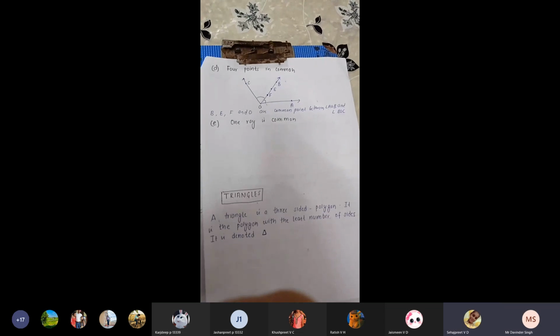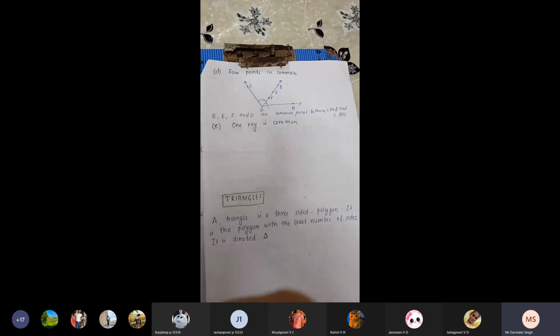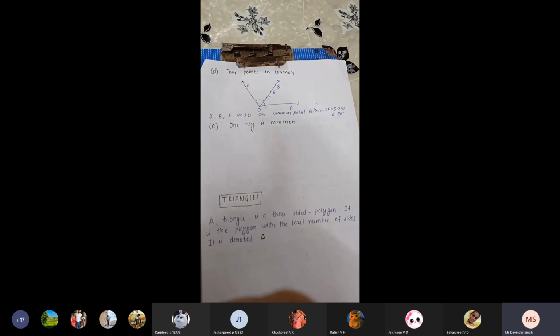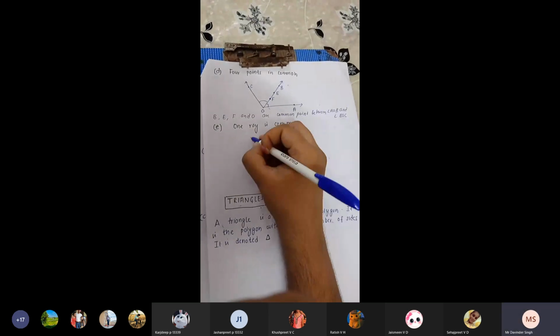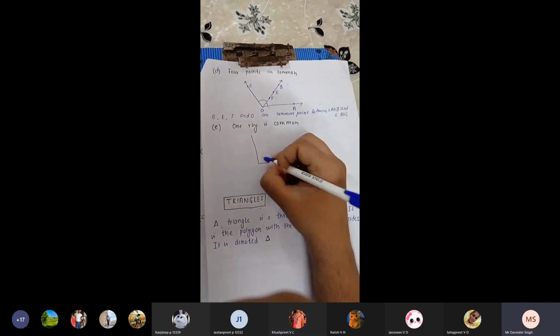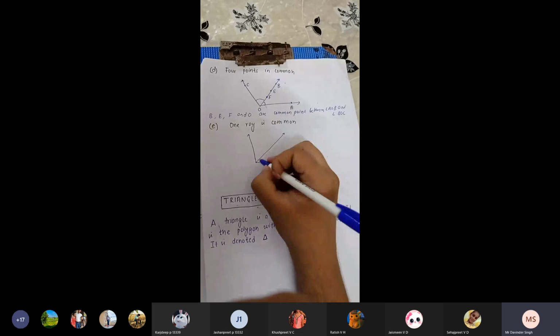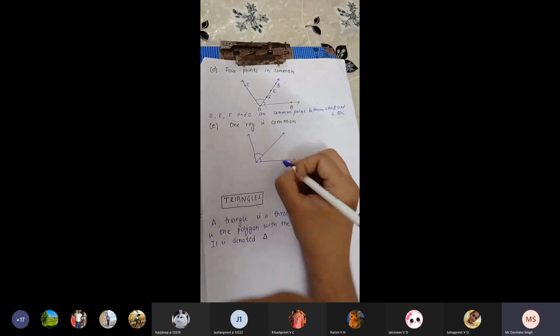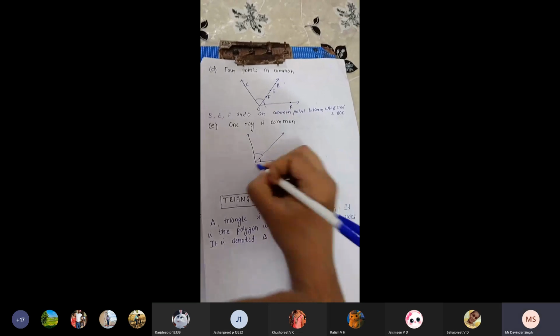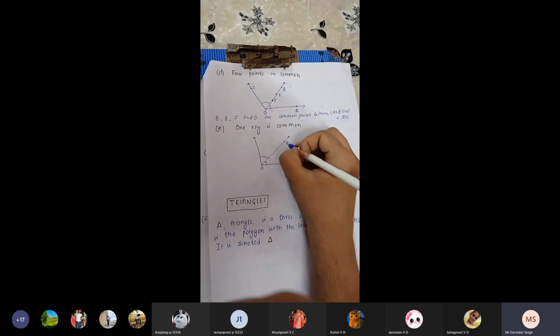Okay, so the last part is one ray is common. So again I can draw the same diagram. Now I have to draw two angles here. Again I am drawing the same figure that I have drawn earlier, AOB and BOC.